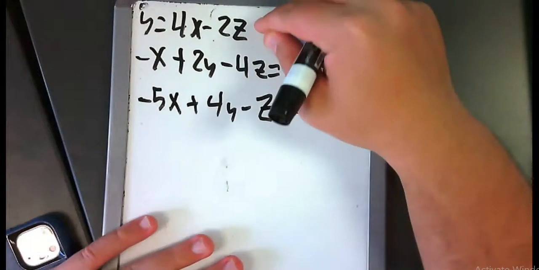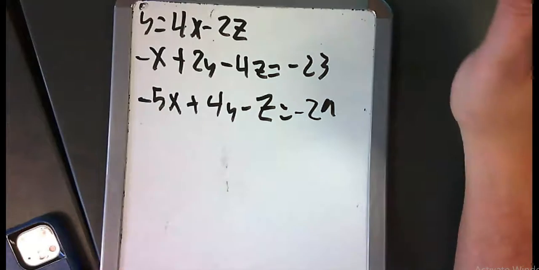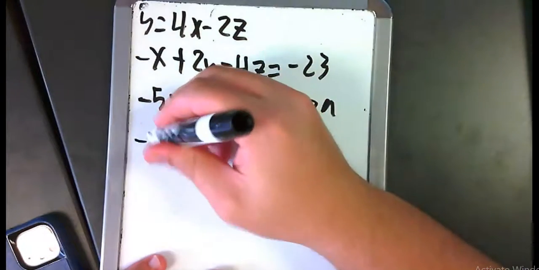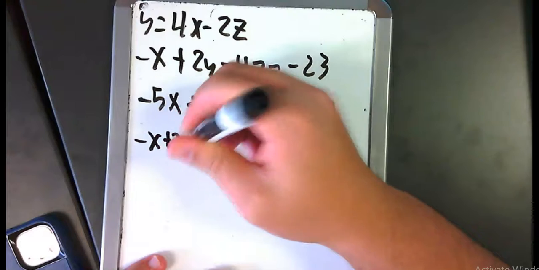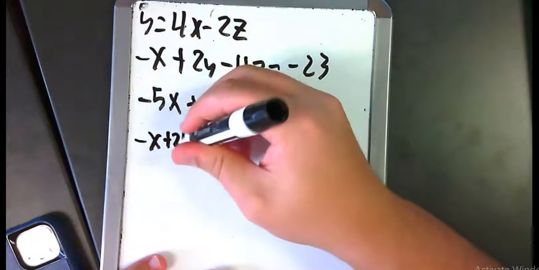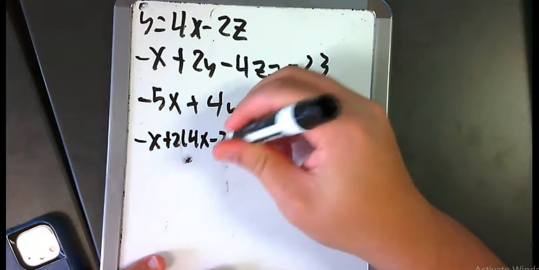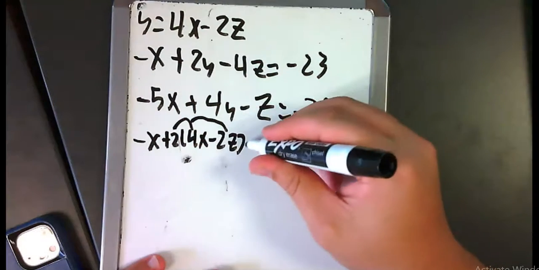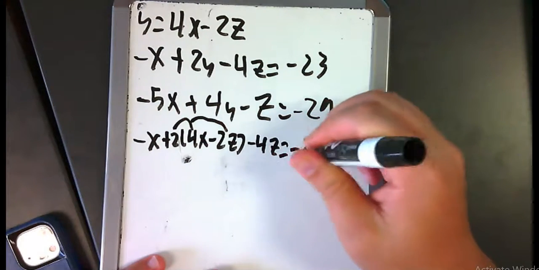So what we do is we just plug this in for y in both of them. Let's do the first one. So we have negative x plus 2y, but instead of y, we're going to write 4x minus 2z. Distribute our 2. Minus 4z equals negative 23.